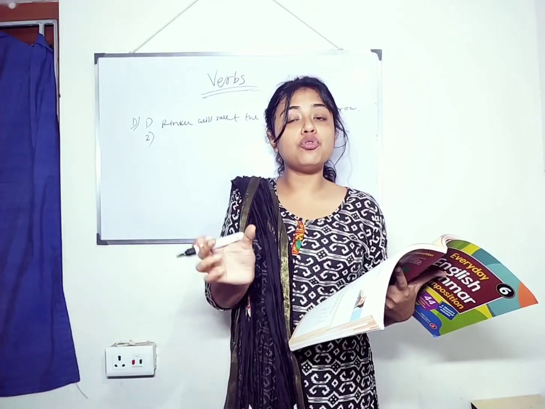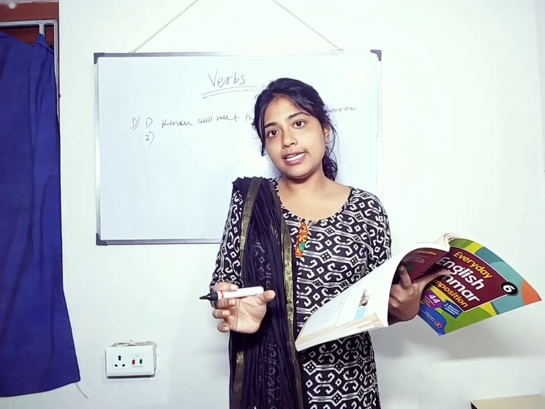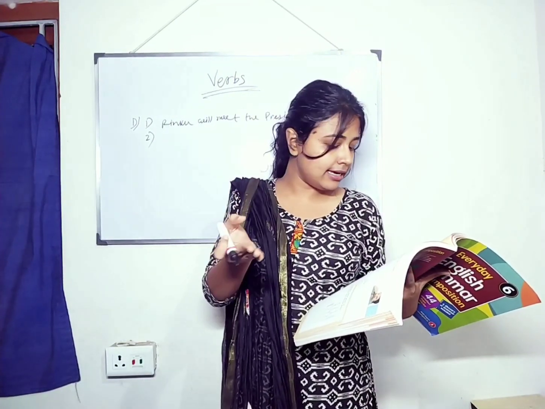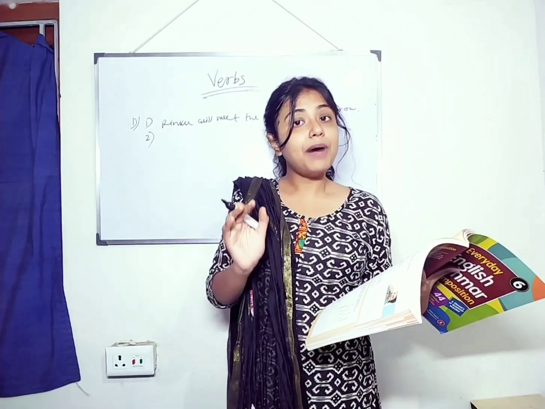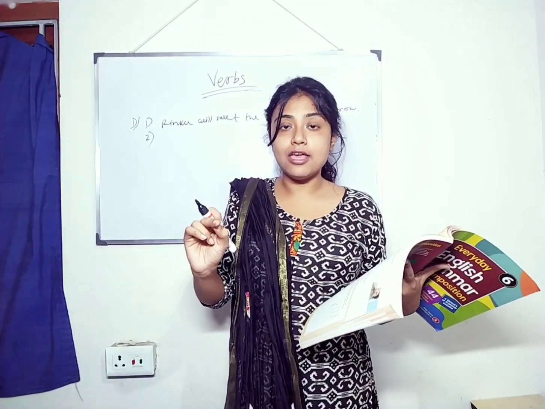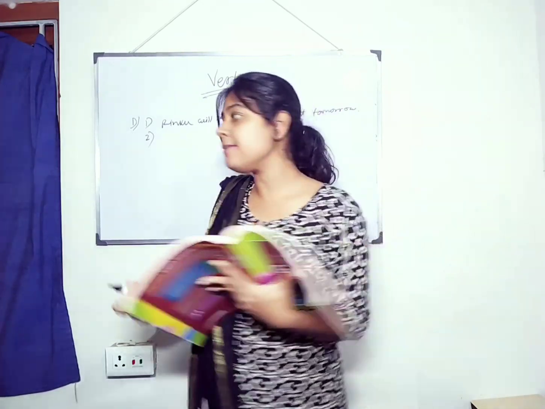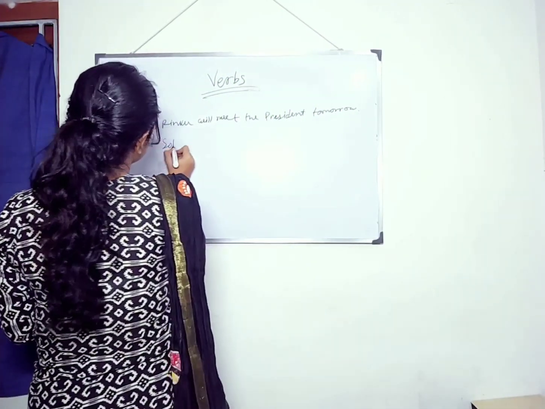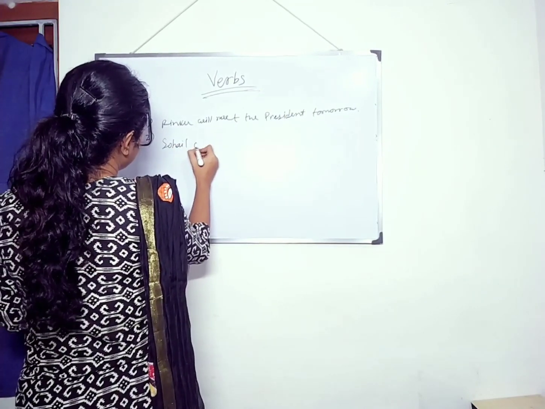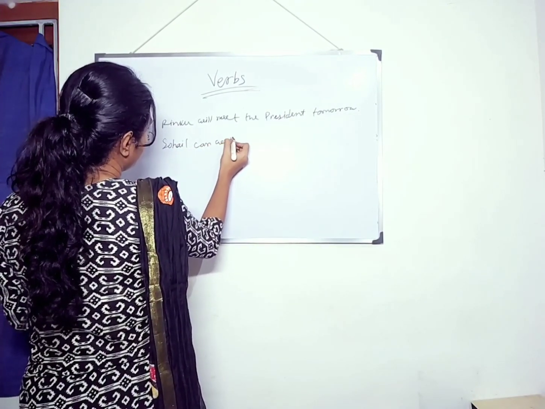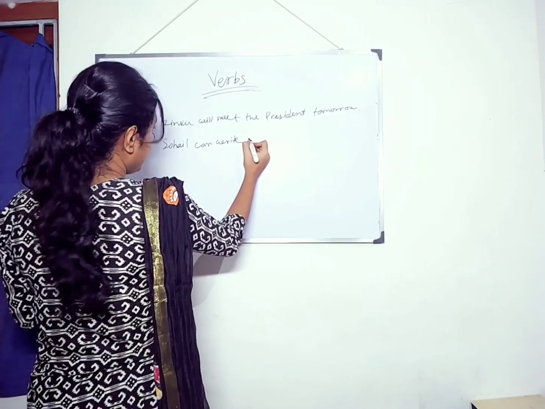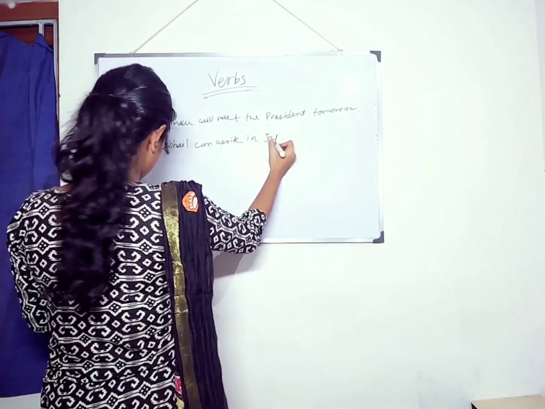So, Sohail writes in Japanese, as Sohail is a third person singular number. That is why here it is written writes. But when we add can, it is Sohail can write, not Sohail can writes. So Sohail can write in Japanese.